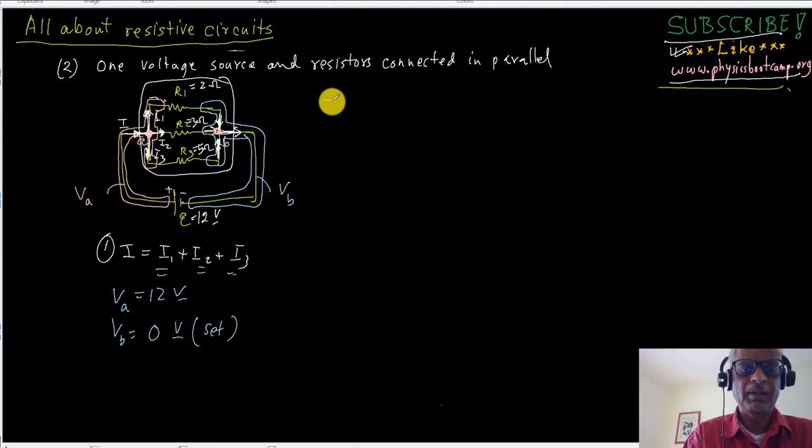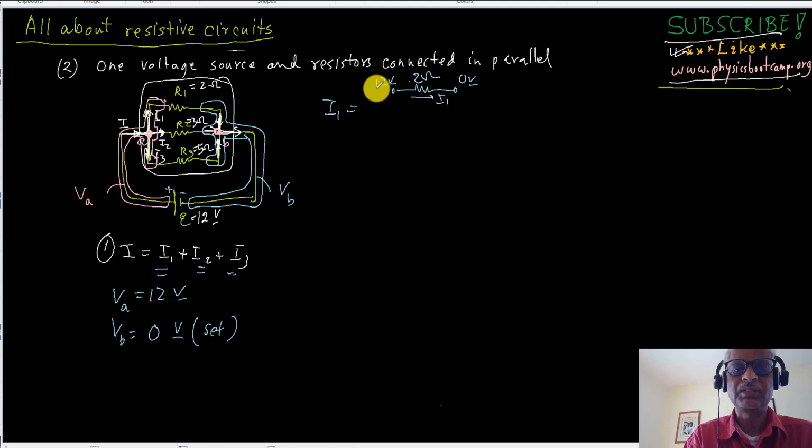So what is I1? I1 will simply be what's happening across here. If you look at this resistor, this is 12 volt, the VA side, and this is 0 volt, and this is 2 ohm, and this is the current I1. So this is 12 minus 0 over 2 ohm, this is 6 amp.